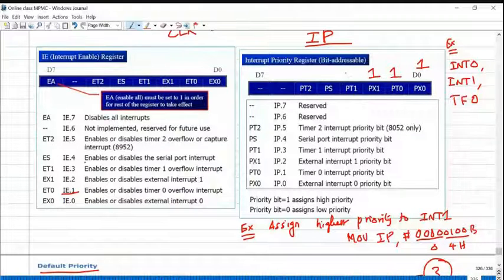This bit we are not using; that is for the 8052 microcontroller only. External interrupt 0, timer 0, external interrupt 1, timer 1, serial interrupt. Now, if we program the IP interrupt priority register in this way, what will happen?